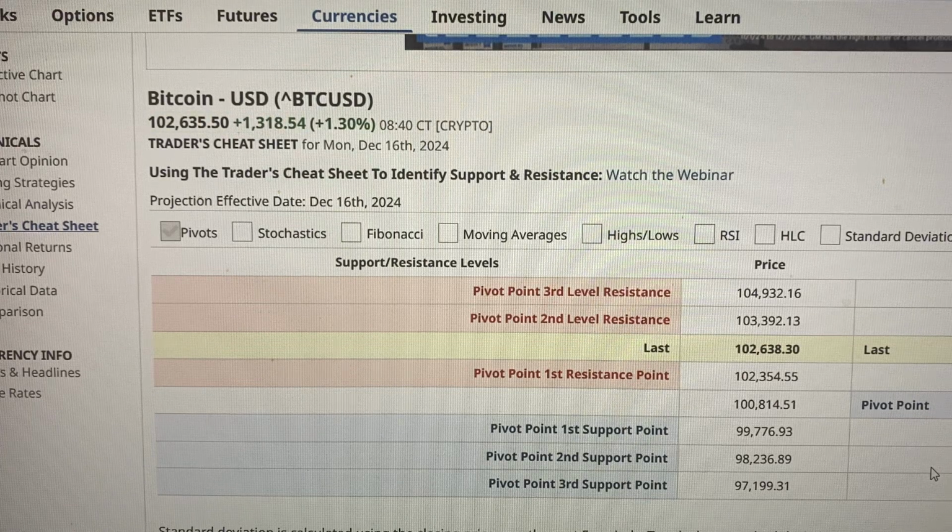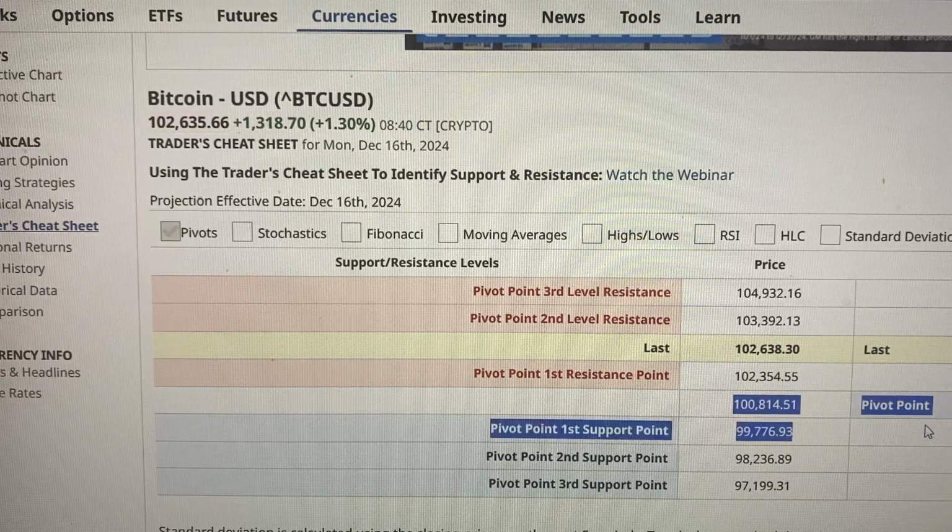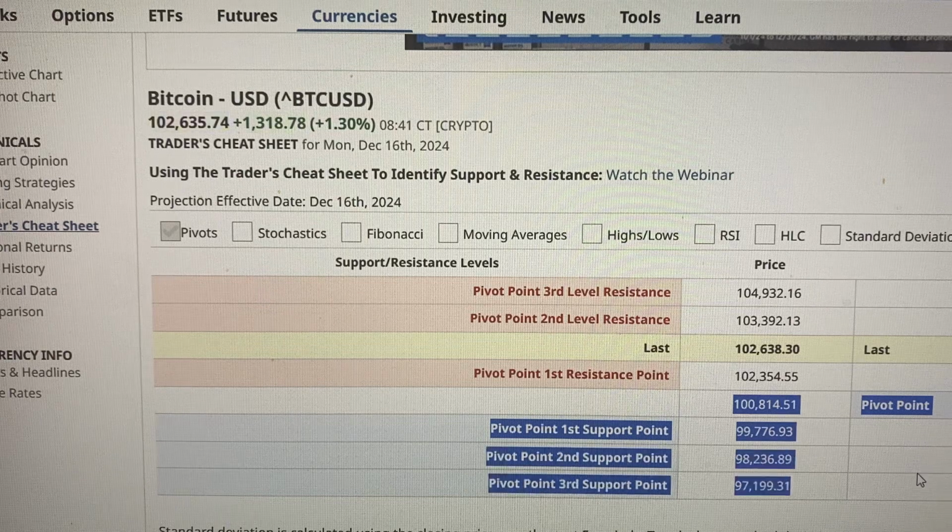So every day I just cancel my orders and then reset the pivot points. It's fairly simple. It takes me like 5 minutes a day to cancel the orders and then reset my limit GTC orders here, here, here, and here.